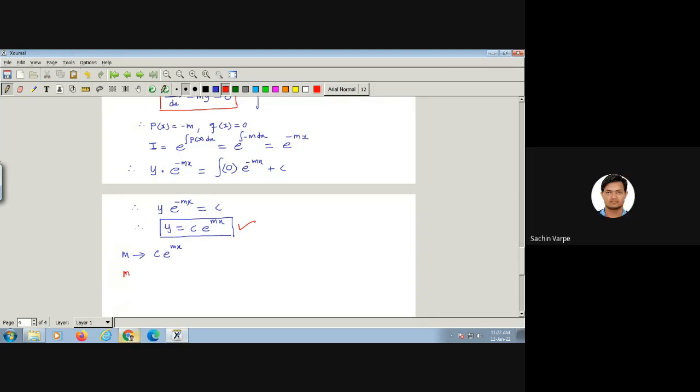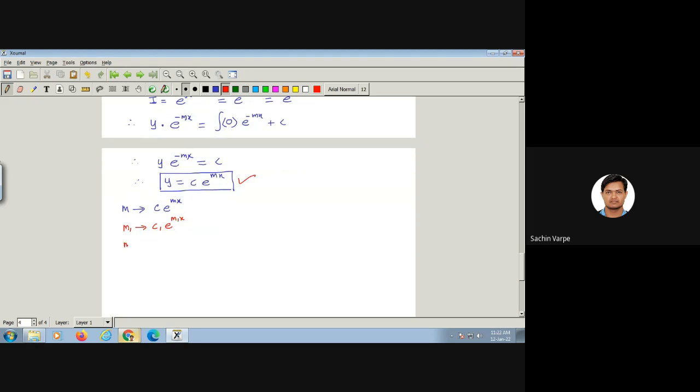With respect to m1, I can get the solution like c1 e to the power m1x. With respect to m2, I can get the solution of the form c2 e to the power m2x, and so on. With respect to mn, I can get the solution of the form cn e to the power mnx. Let us denote these solutions as y1, y2, yn.